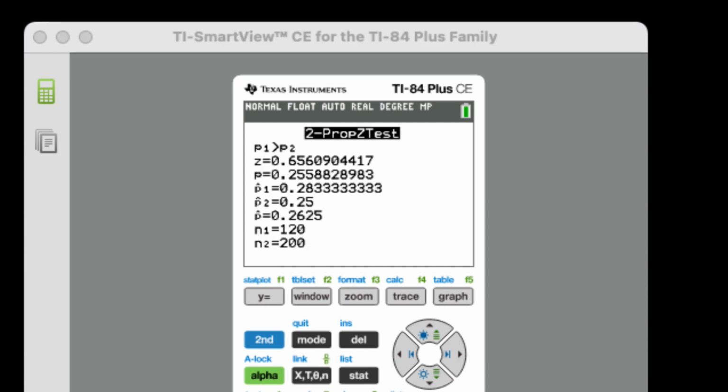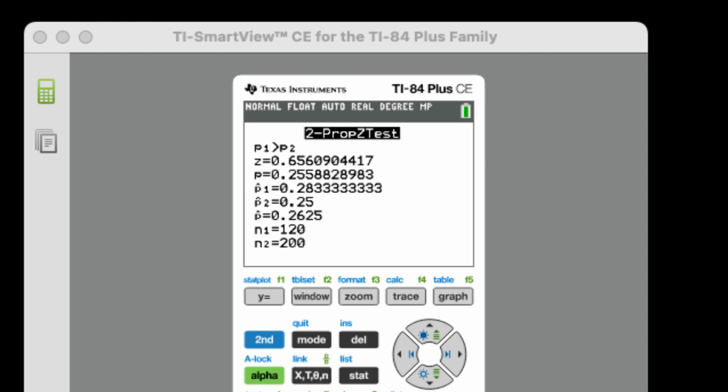What's your p-value? P-value is approximately 0.256. Okay, 0.256. What do you guys know?